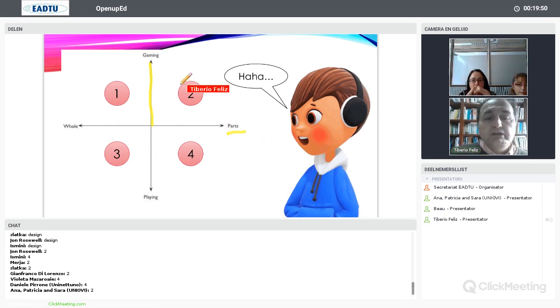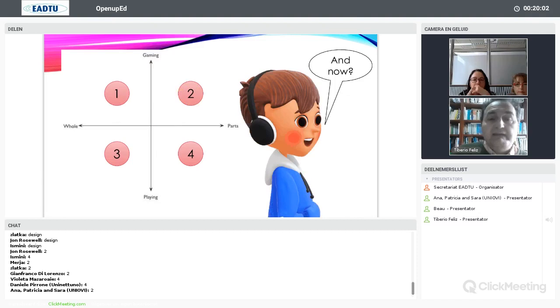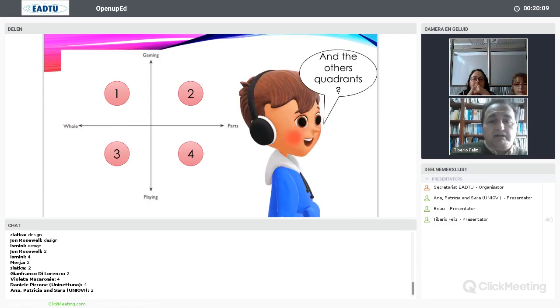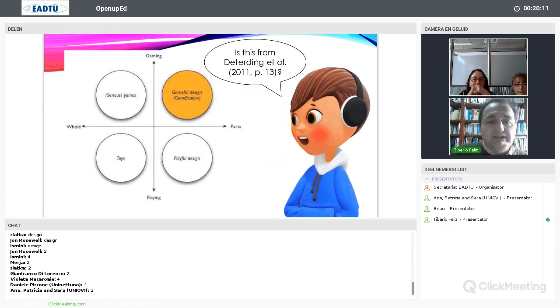So we have gamification in quadrant number 2. And now these are the other quadrants. Here, as you see, this is the scheme of gamification according to Deterding in 2011.